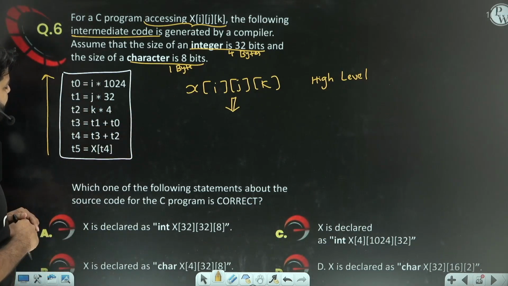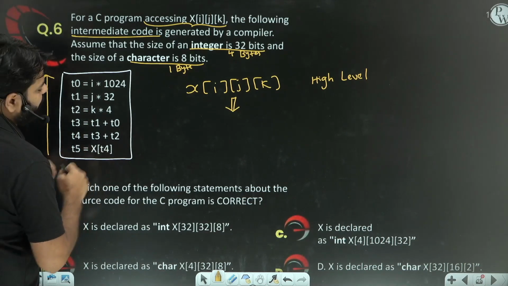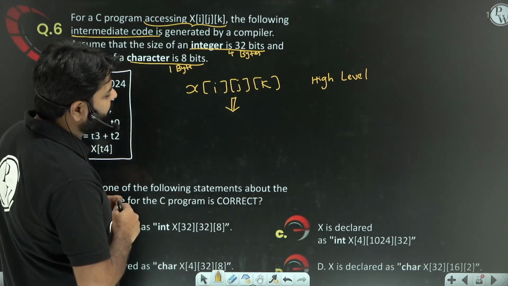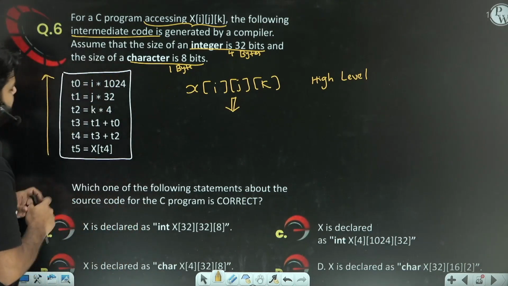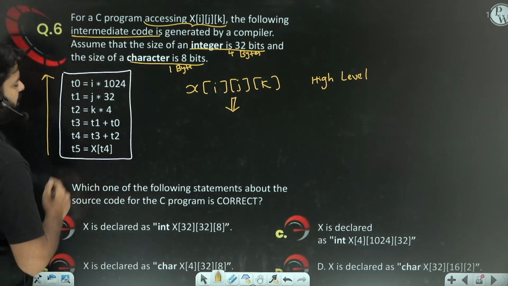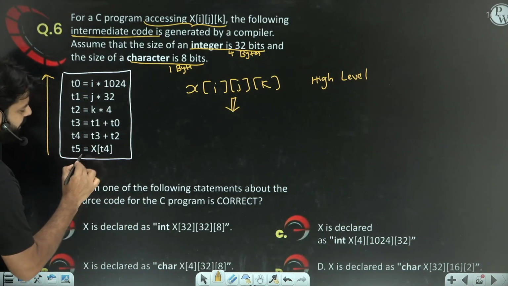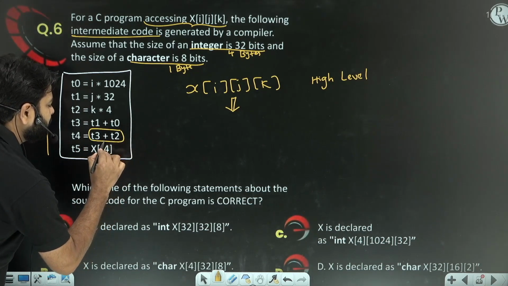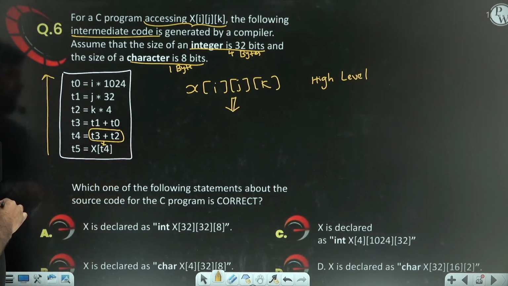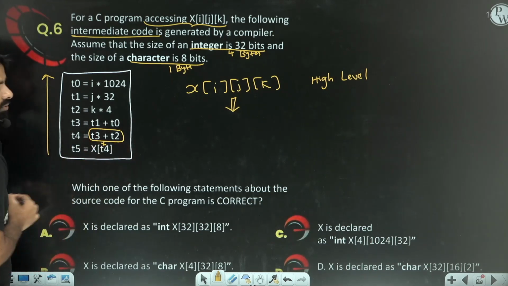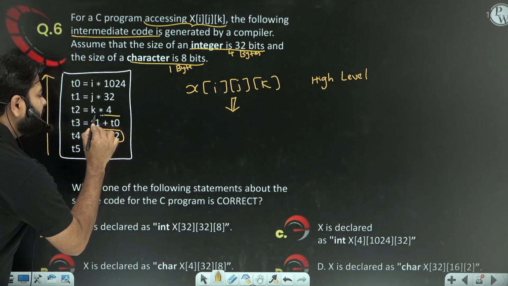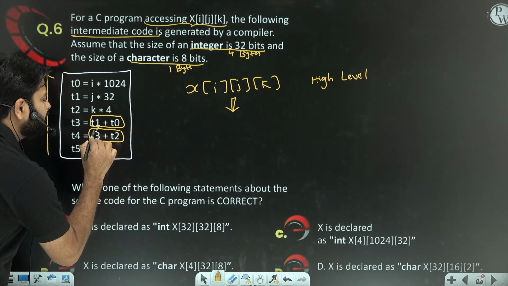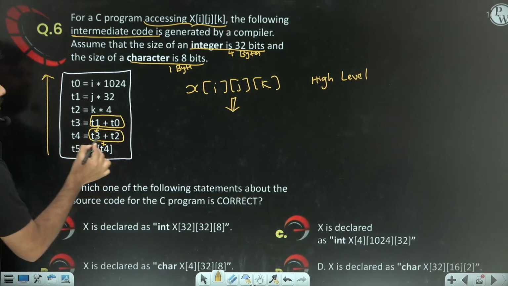Let me help you here. So T5 is equal to x of T4. Okay, I'll just write somewhere, I'll come back here, right? T5 is equal to x of T4. So I'm just starting from here. Okay, x of T4. What is T4? T3 plus T2. You have to put here. Okay, x of T3 plus T2. What is T3? T1 plus T0. That you have to put here. And what is T2?